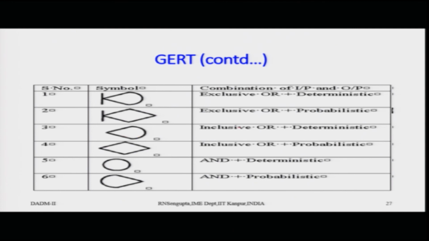In the third case, inclusive OR deterministic, you have a parachute without the base, and the inclusive OR probabilistic one has the diamond shape without the base. The AND deterministic and probabilistic ones use the circular symbol and the parachute which is 180 degrees opposite.